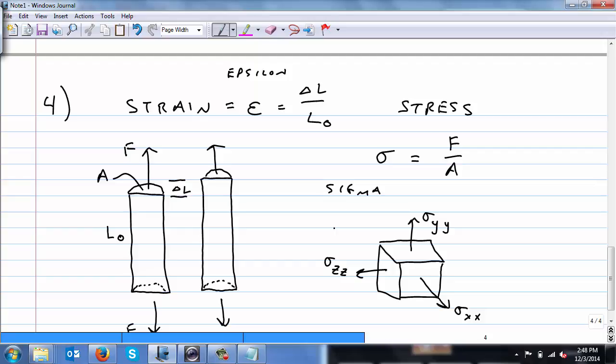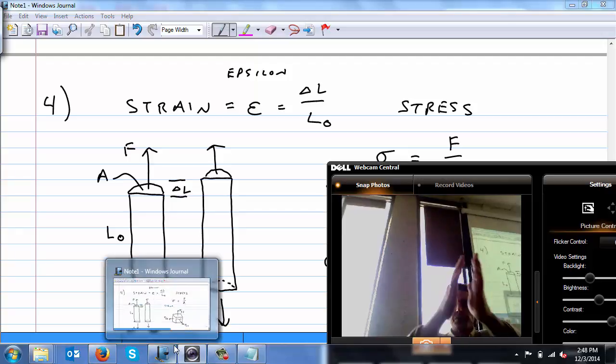The other thing to keep in mind is that I can come in here and take the material and go like this. Similar to how we were just talking about work being a sliding thing, I could take something and put an upward force on my right hand, a downward force on my left hand.